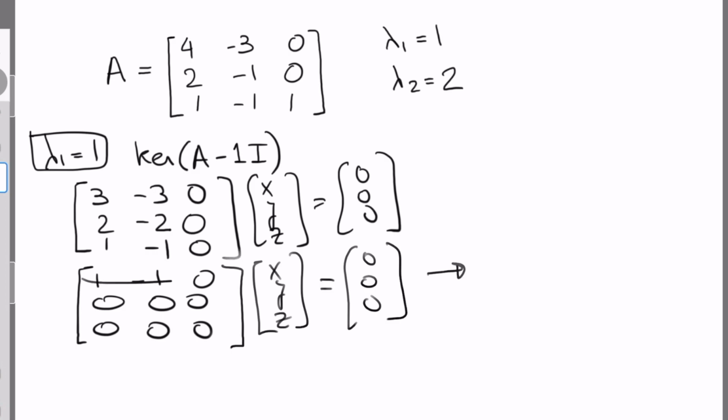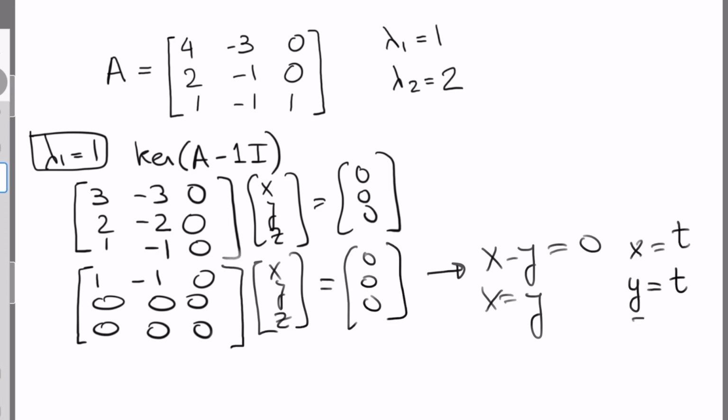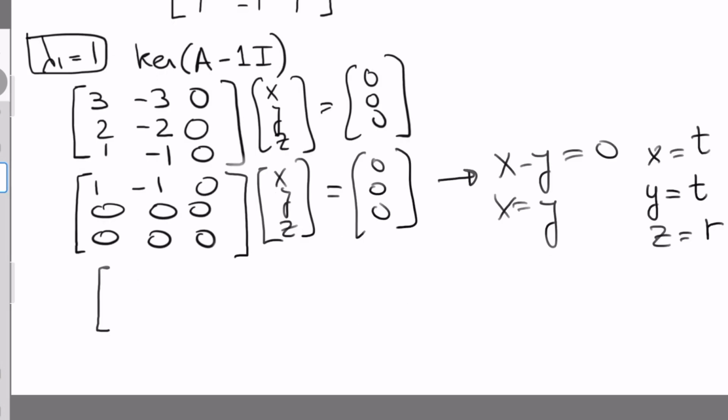That gives us that x minus y equals 0, and so x equals y. So we can say y equals a parameter t, so x is equal to y, so x is going to be equal to t, and z is going to be any other parameter, so let's say z equals r. And so we have that our general vector here is t, t, r.